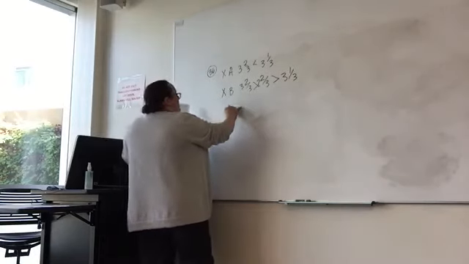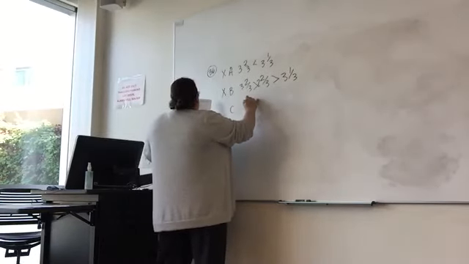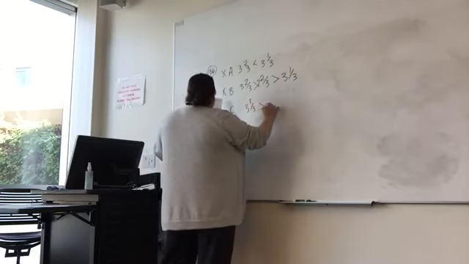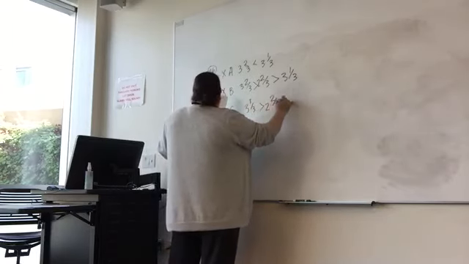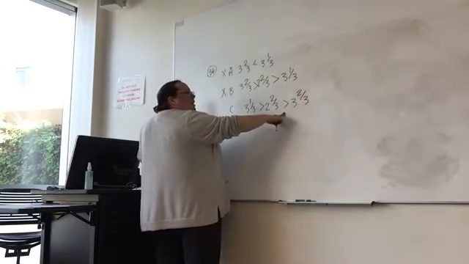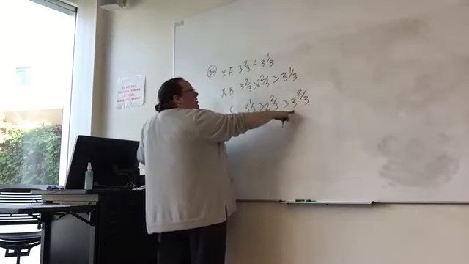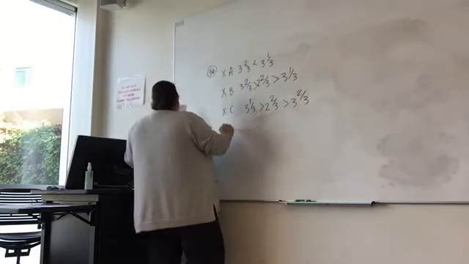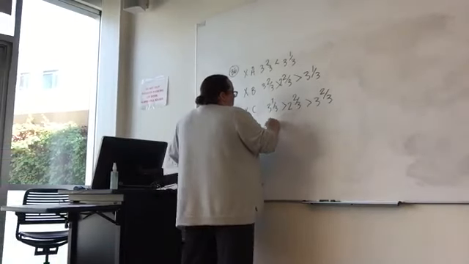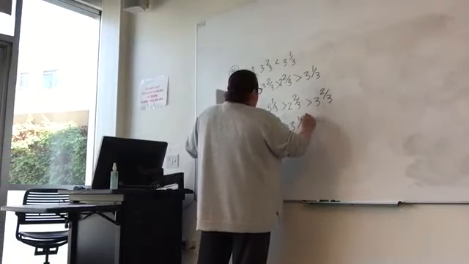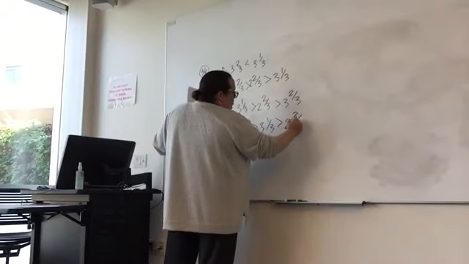Let's take a look at C. 3 1/3 is greater than 2 2/3, which is greater than 3 2/3. Is that correct? Can 3 be less than 2? Nope. Let's take a look at D. 3 2/3 greater than 3 1/3, greater than 2 2/3.